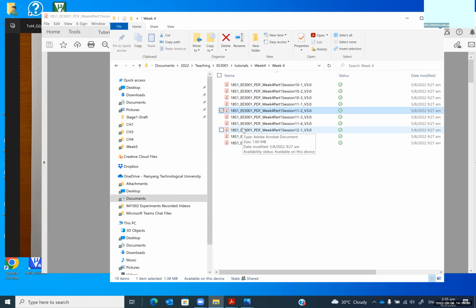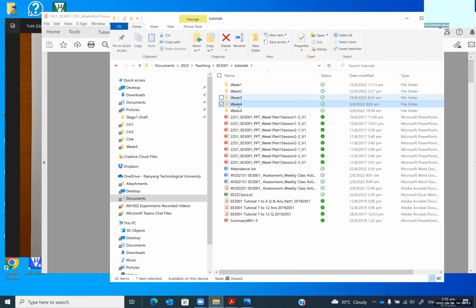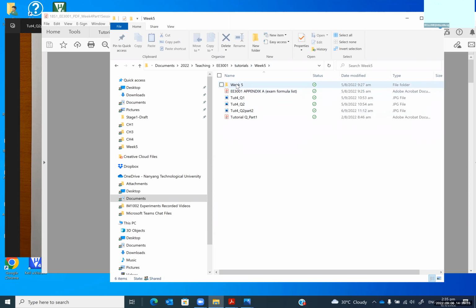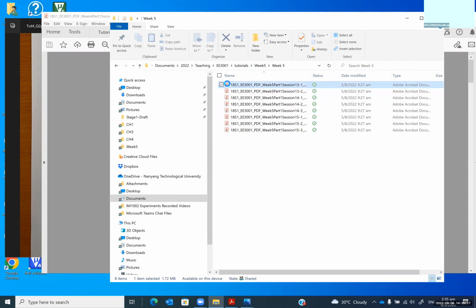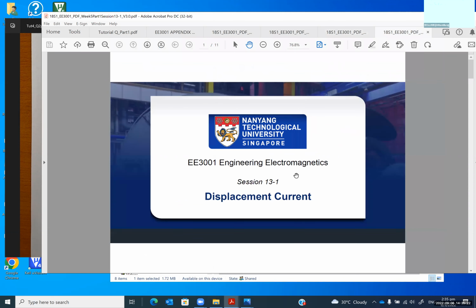Then you may ask, does that mean I don't need to go through any of the lecture slides for this week? What is this week's lecture slides? The very first one is displacement current. If you just target solving next week's tutorial question, no, you don't need any of this.